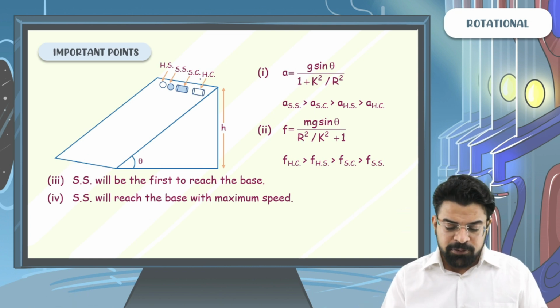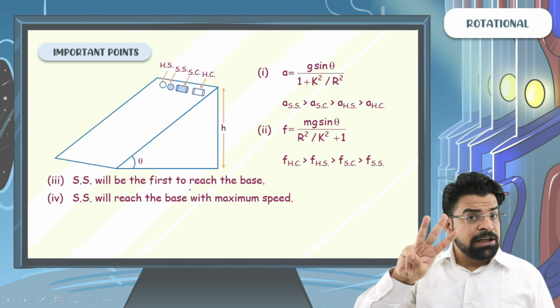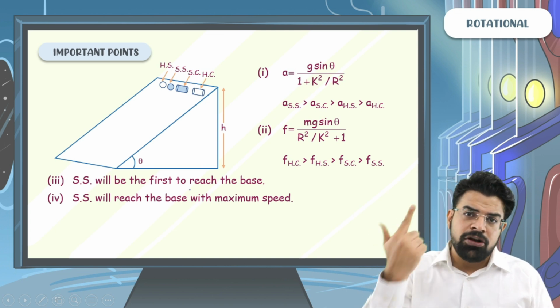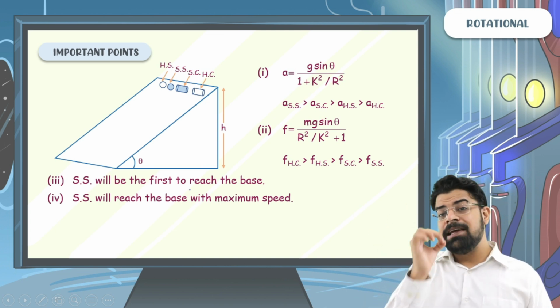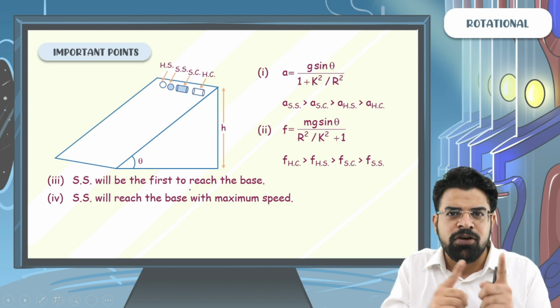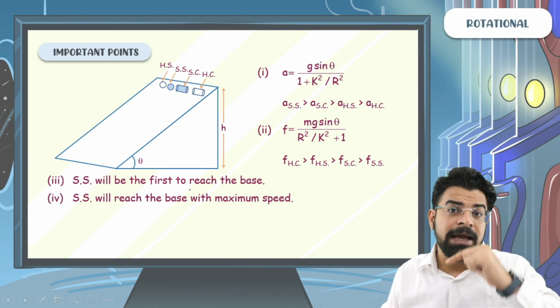But understand that from the top till the bottom, if all of them do pure rolling, three forces are acting: force of gravity, force of normal, force of friction. The work done by normal and friction is 0. So only gravity is the one doing the work, and the work done by gravity on each one of them will be mgh. So the change in kinetic energy of each one of them will be mgh.